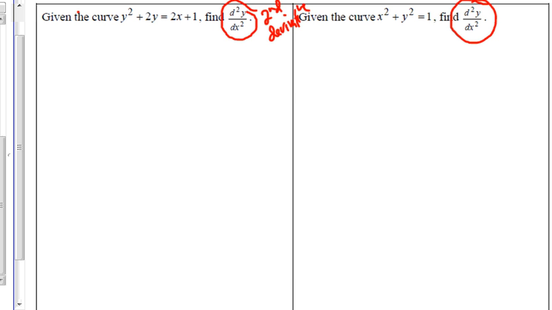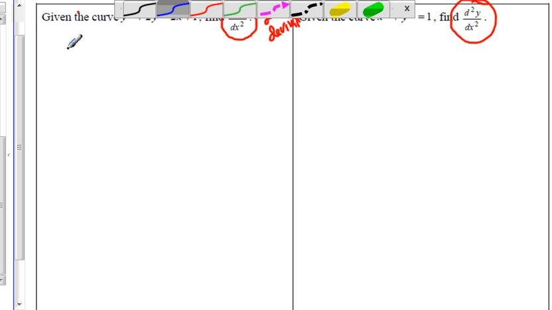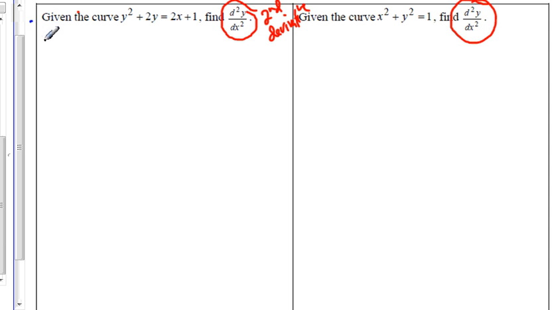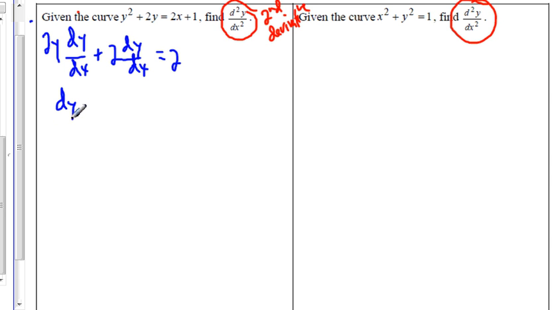The derivative of y squared is going to be 2y, but then dy dx. Derivative of 2y is going to be 2, again, dy dx. Derivative of 2x is 2, derivative of 1 is 0. So now let's factor out that dy dx, and we get 2y plus 2 equals 2.